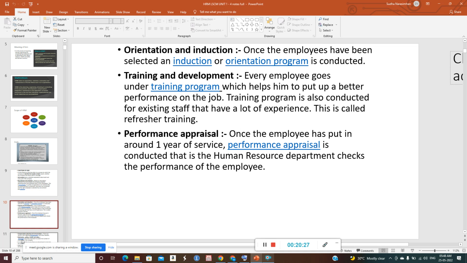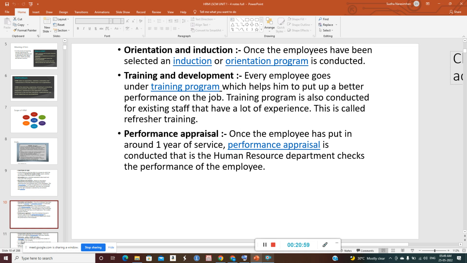The next important function would be training and development. Every employee needs to get trained according to the organizational objectives, even though they are experienced. Some may be freshers. So according to the work culture and work standards of the organization, it's important that the training program happens, which is an important function of the training department.